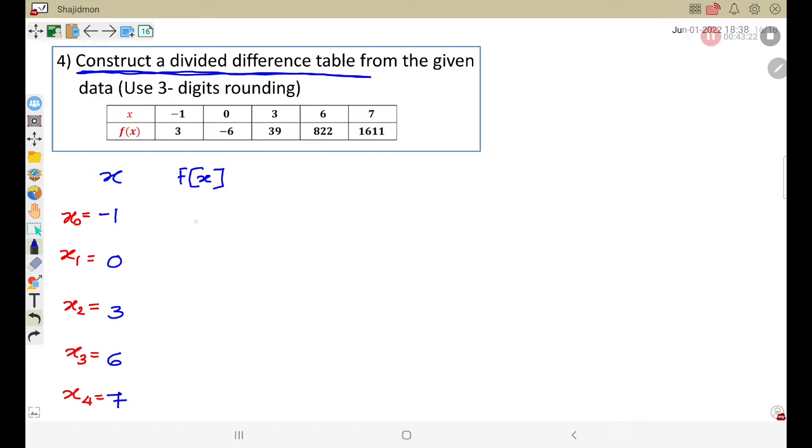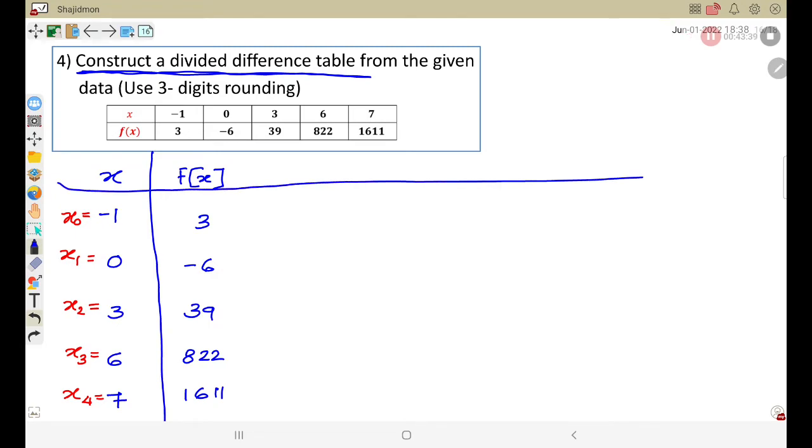So just write what those numbers are: 3, minus 6, 39, 822, 1611. Okay, make sure there is some space between the numbers. So these are the data given in the question.